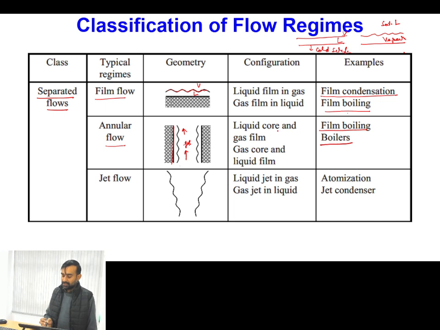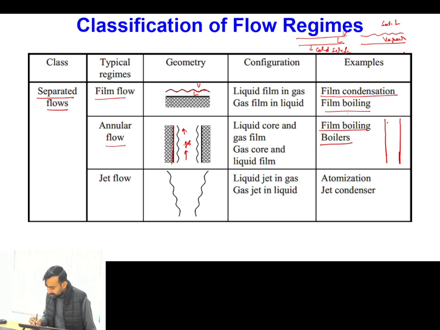So if you talk about film boiling inside the boiler tube, what will happen? Inside film boiling, this outer periphery will be purely vapor, and here you will have liquid.